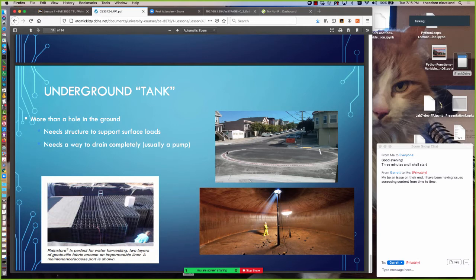So this circle of bricks in this intersection in San Francisco covers up an underground cistern storage tank. And so the storage cisterns in San Francisco are intended primarily for firefighting, and the secondary is emergency storage in case there's an earthquake that breaks the main water supply.